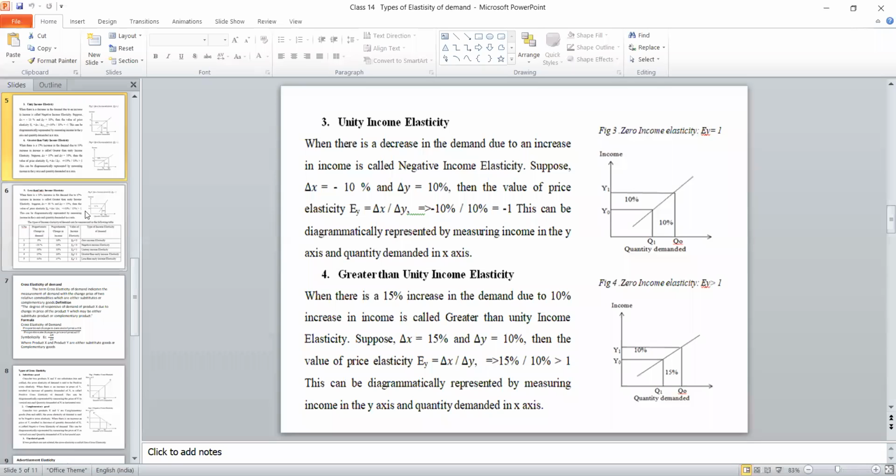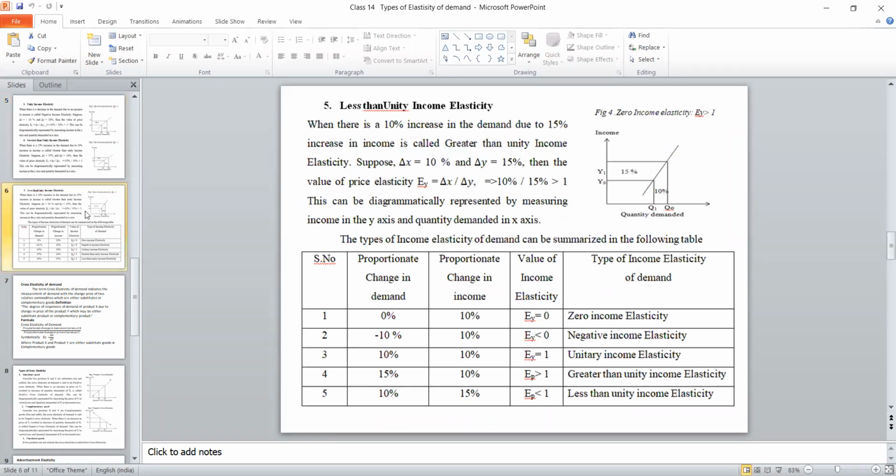With a 10% increase in income and a 15% increase in consumption, it is called greater than unity elasticity. On the reverse, when there is a 10% increase in income and only a 5% increase in consumption, then it is called less than unity.